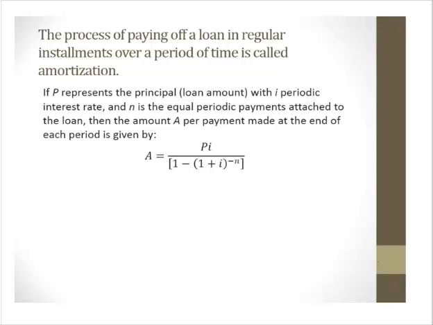The process of paying off a loan in regular installments over a period of time is called amortization. If P represents the principal, the loan amount, with I the periodic interest rate, and N the number of equal periodic payments attached to the loan, then the amount A per payment made at the end of each period is given by A equals P I over 1 minus 1 plus I to the negative N. This is a formula that's used if you ever go and buy a house.